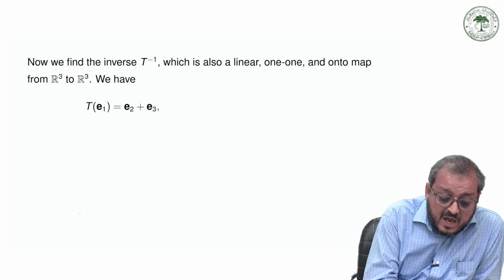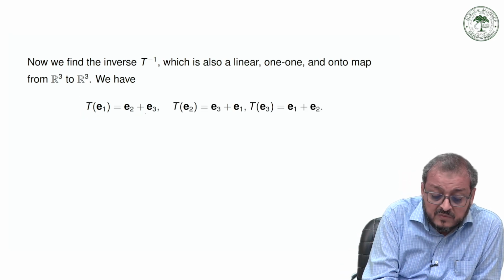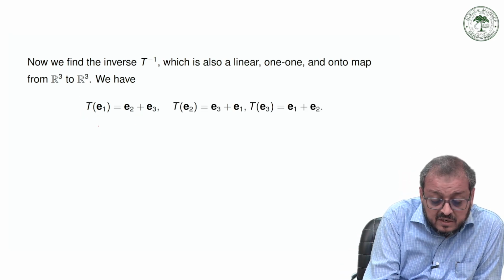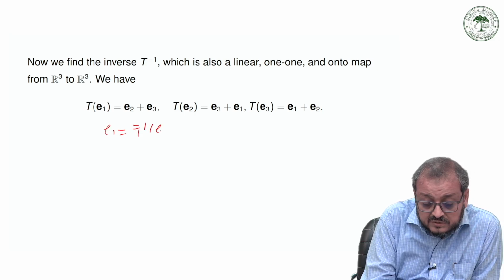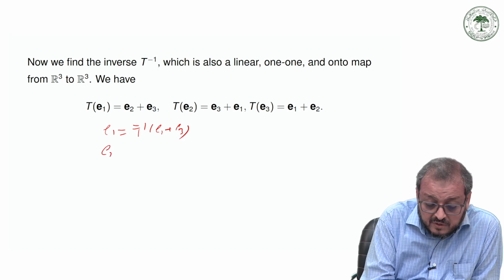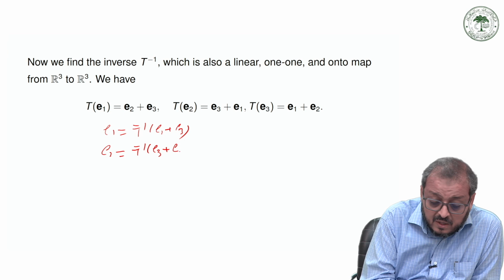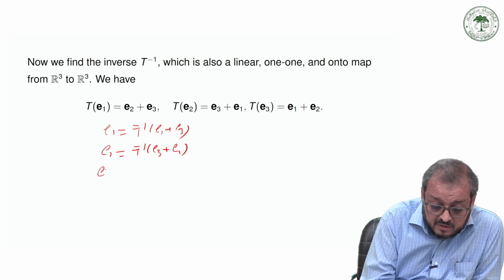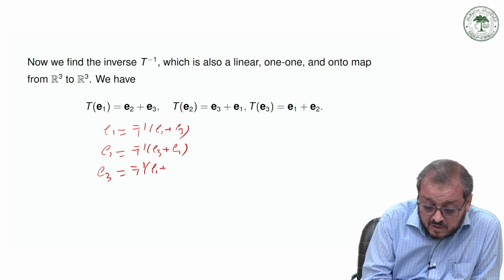We have T of E1 equal to this, T of E2 and T of E3 equal to this. Then clearly we can say that E1 can be written as T inverse of E2 plus E3, E2 can be written as T inverse of E3 plus E1, and E3 can be written as T inverse of E1 plus E2.